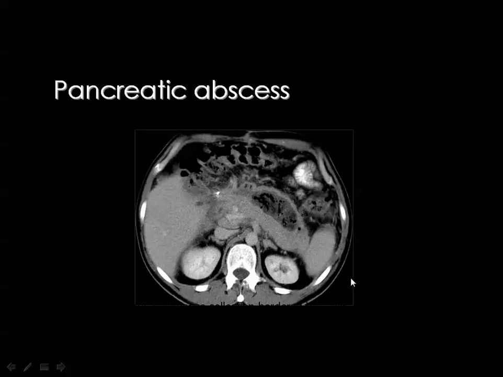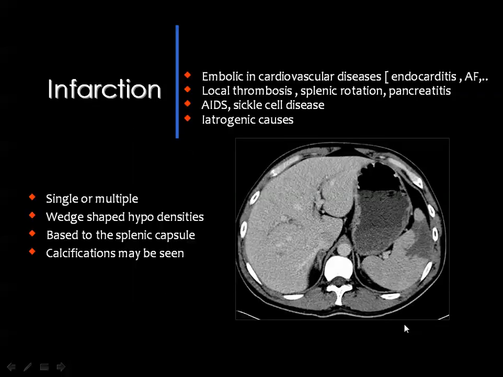Then the difference between pseudopancreatic cyst and pancreatic abscess lies in the detection of gas within the lesion. Whenever you see gas within the lesion without any history of previous interventional maneuvers, then you may think that the pseudopancreatic cyst has turned into an abscess.